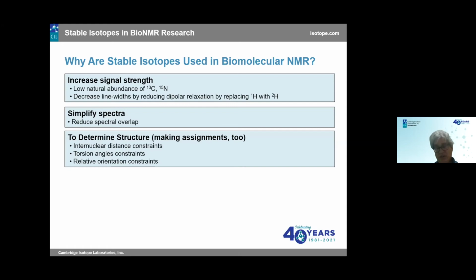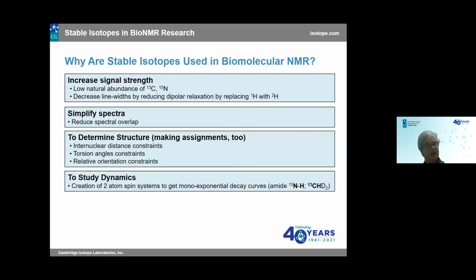And one can also use NMR in other ways. For instance, one can look at relative orientation constraints by employing the methods used in residual dipolar coupling or RDC experiments.